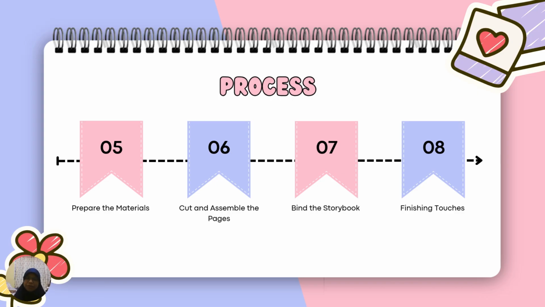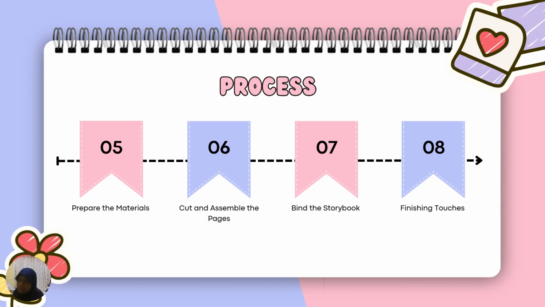Right. Moving on, while doing the book, I realized that I still have time to make the book more fun. So I decided to make a simple pop-up book. In order to make one, I prepared some materials, but I use mostly scrap papers and recyclable things. After that, I cut and assemble the pages, including the pop-ups and the sliders.